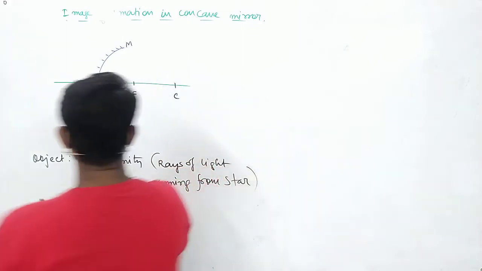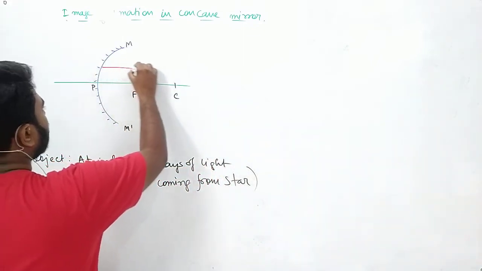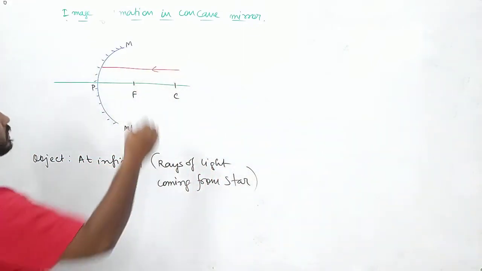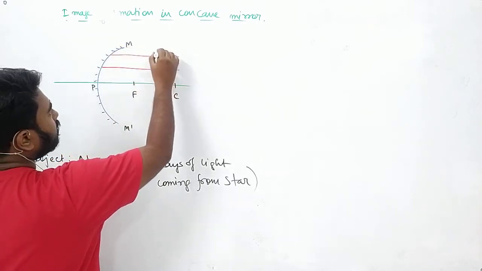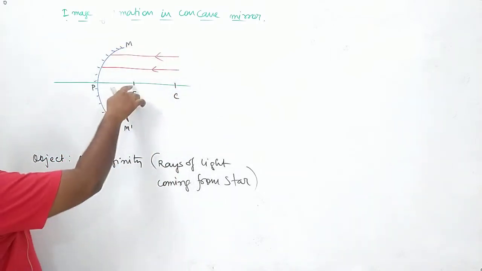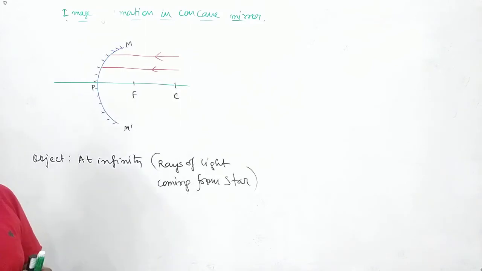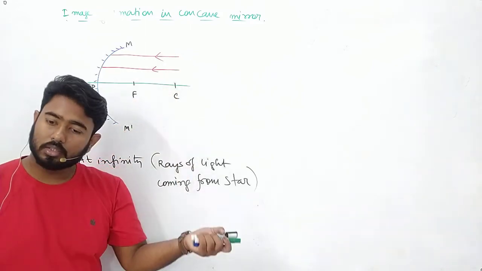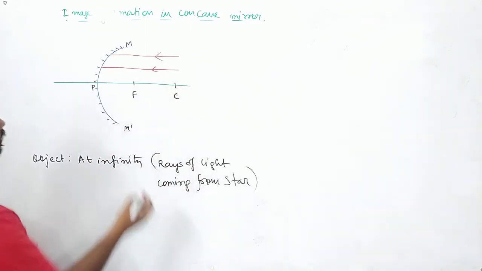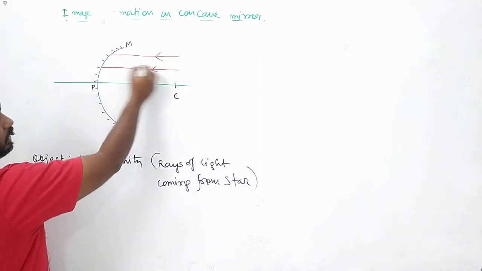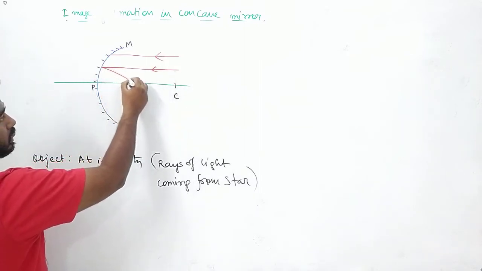Suppose the first ray which is coming is parallel to the principal axis. The second ray which is coming is also parallel to the principal axis. It means that both of them are parallel to the principal axis and parallel to each other. Now after reflection, we know if the rays of light come parallel, they will pass through the focus.